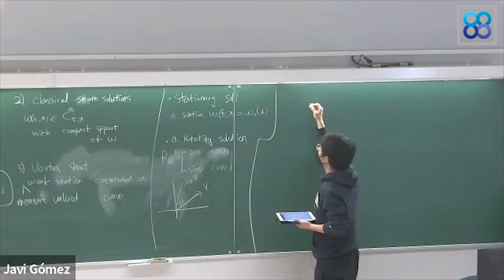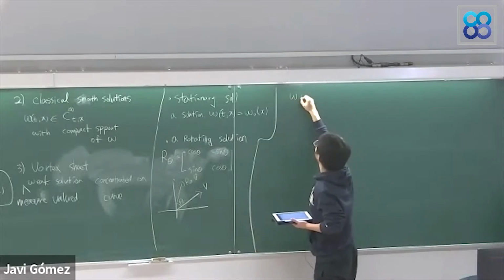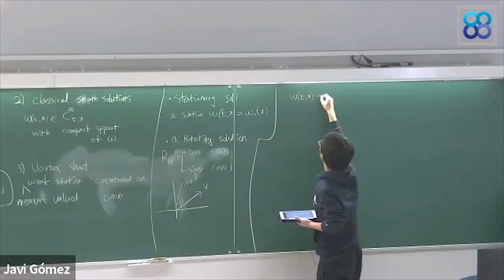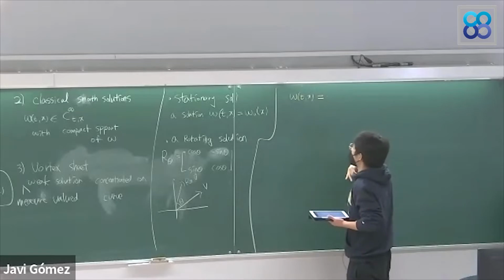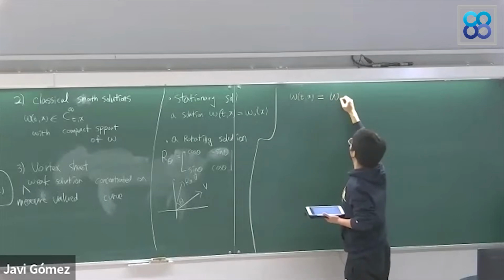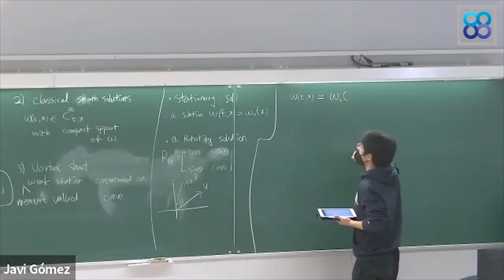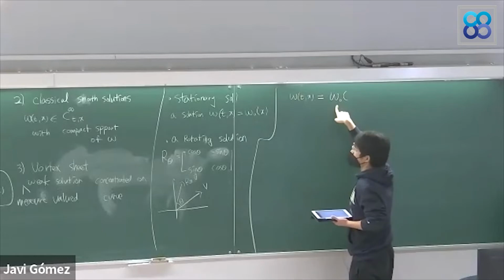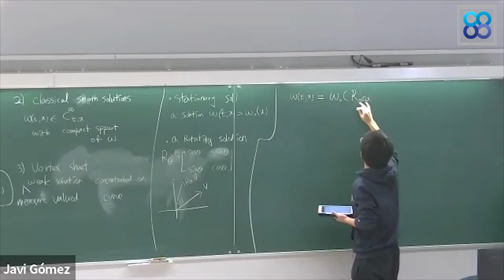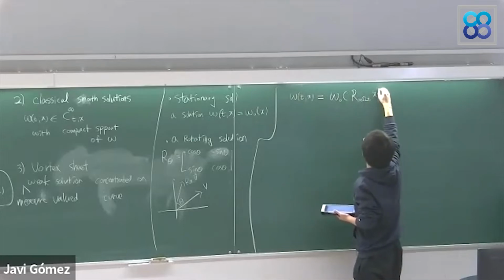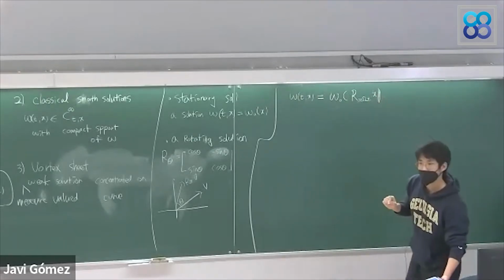Then your solution at time t is just rotating with a constant angular velocity omega. That will be given as the rotation of the initial data by negative omega t times x, something like this.